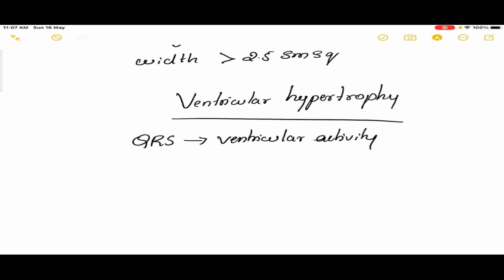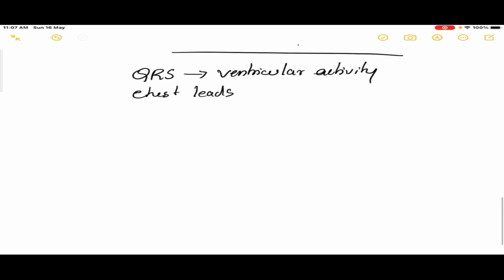The QRS complex is studied for ventricular pathologies and it is best seen in chest leads. Before going to ventricular hypertrophy, we'll see the normal QRS morphology in the chest leads. The QRS wave follows a particular pattern from chest leads V1 to V6. Let's see how it varies.